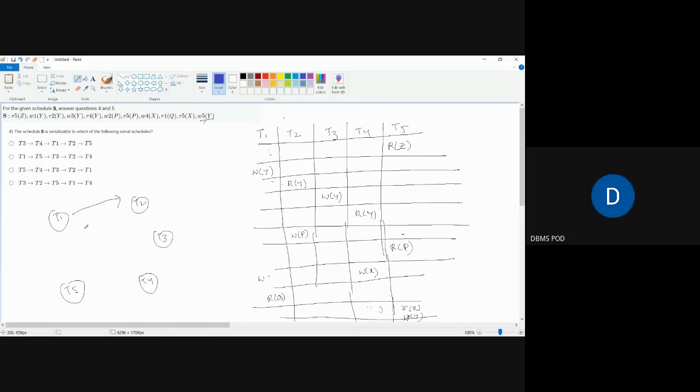Then T2 to T3, correct? Then T3 to T4, then T4 to T5. T4 to T5 also.